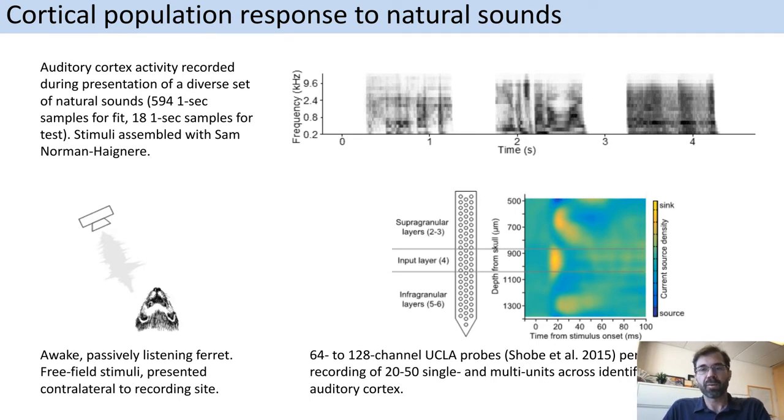And to collect single unit activity, we used 64 or 128 channel laminar probes from UCLA that permitted simultaneous recording of somewhere between 20 and 50 single units in an experiment. We could identify lamina in different cortical fields, although we're not talking about the specific laminar patterns today.